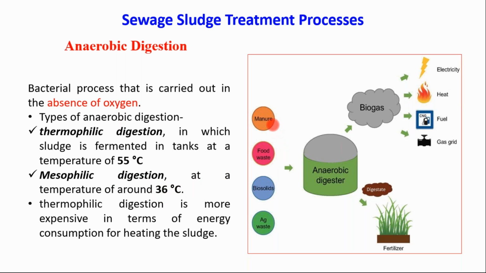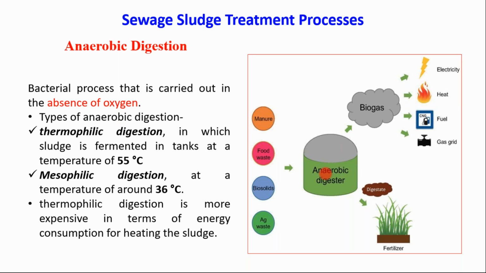Manure, food waste, biosolids or agricultural waste can be fed to the anaerobic digester, where the bacterial process goes on in the absence of oxygen, at 55 or 36 degrees Celsius depending on the type of bacteria present in that digester, thermophilic or mesophilic.